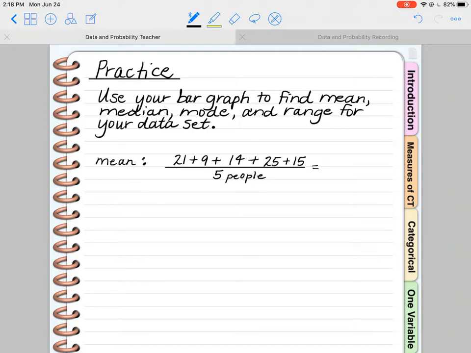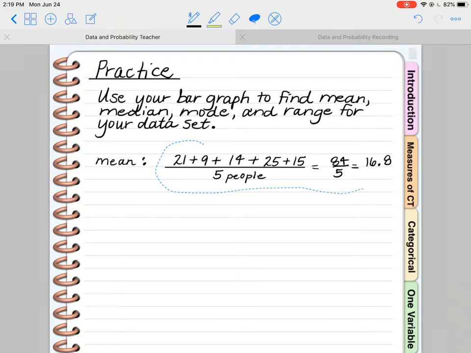So we need to add up, all clear, 21 plus 9 plus 14 plus 25 plus 15 equals 84 divided by 5. So the average mean number is 16.8 push-ups.